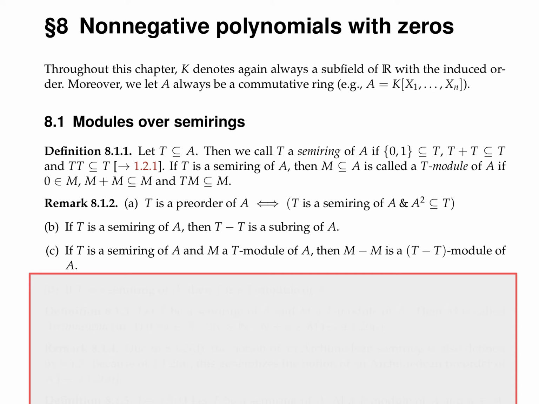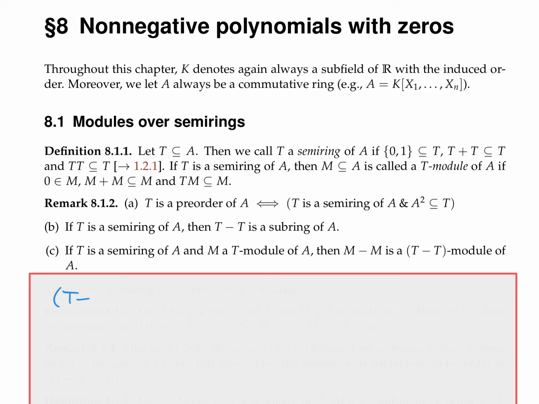So what we have to check: that 0 lies in M minus M, but it lies even in M, and M is contained in M minus M because 0 lies in M. That M minus M is closed under addition is very easy, and that it is closed under multiplication with T minus T. Maybe let's do that one.